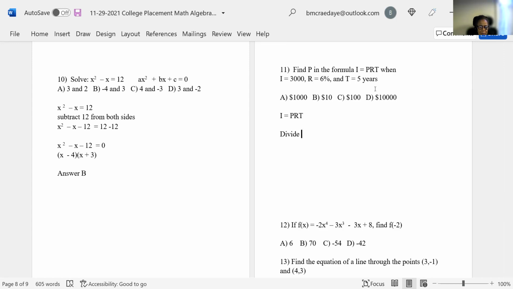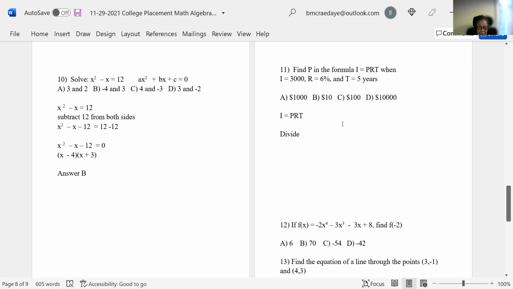I want just the P remaining here on the right. What do I have to divide both sides of the equation by to get just P? By P? No, P you want left, right? Because that's what you're looking for. So what do I have to divide by?